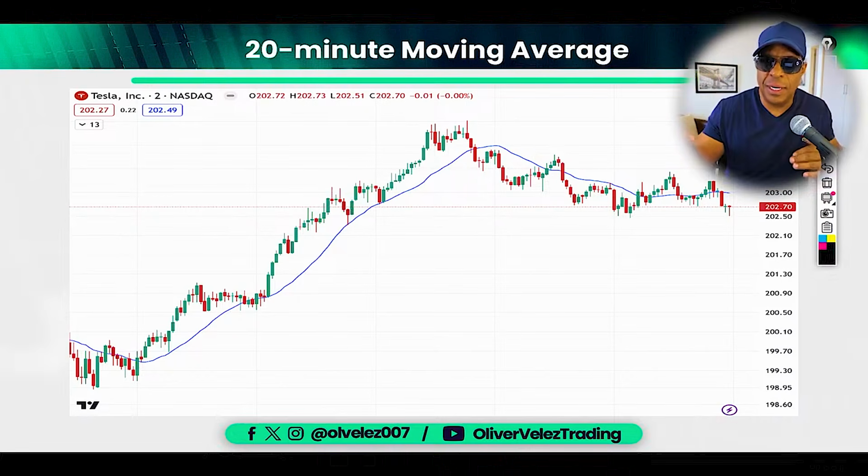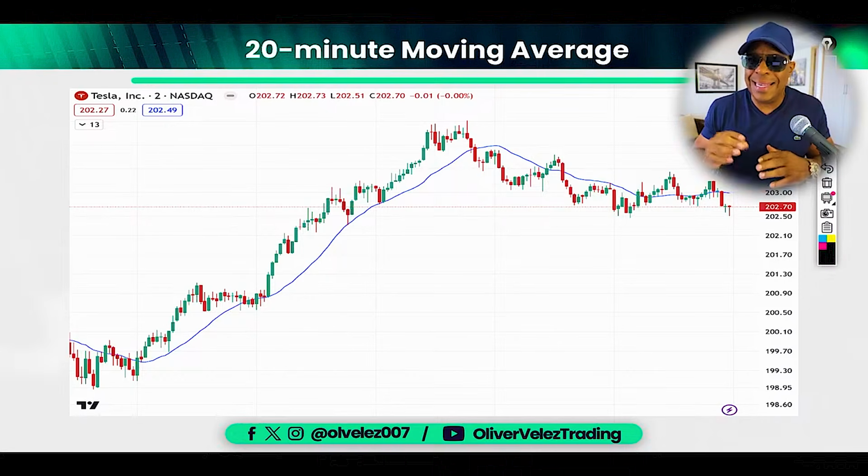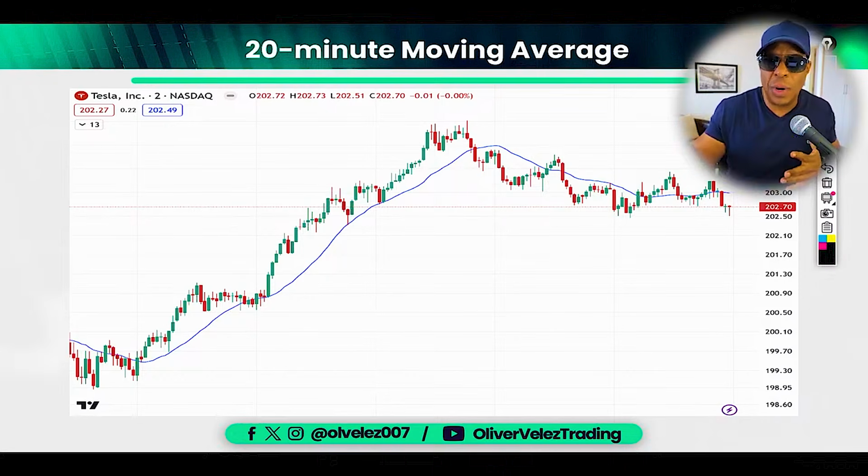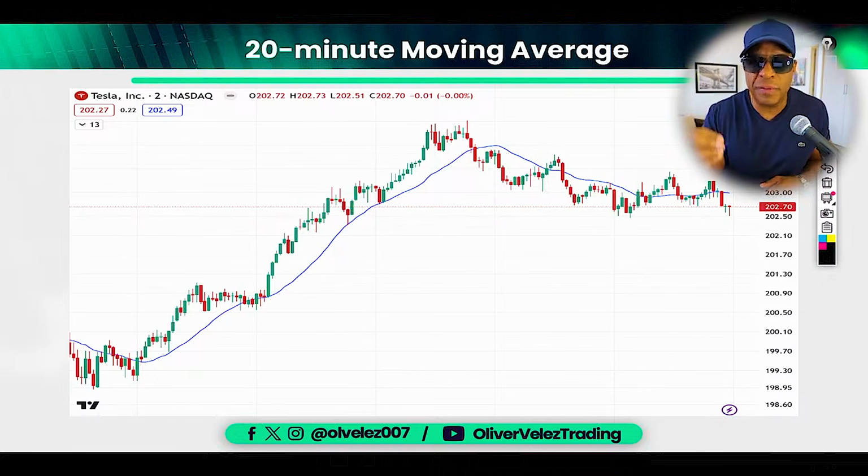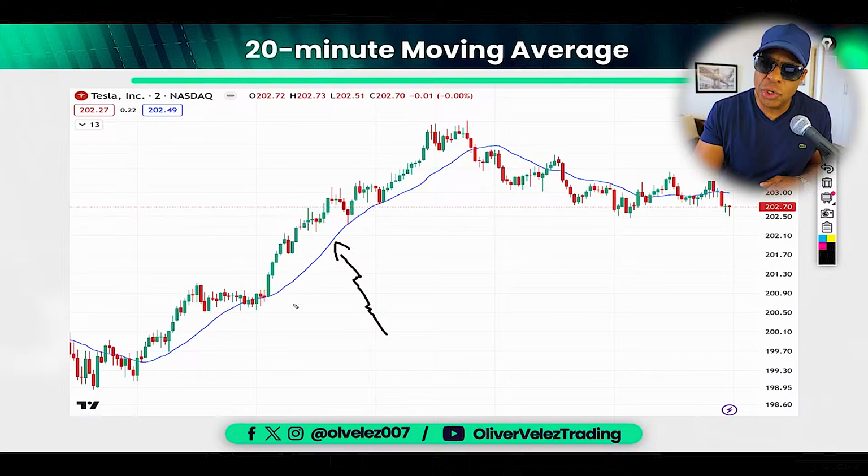The second thing I will tell you that's important about the 20-period moving average is that when it's trending this way, it will have very powerful supportive characteristics. So when you have that 45-degree angle trend, you'll find that when the stock revisits the area of the 20, there will be a propensity for the stock to rebound off of that area.